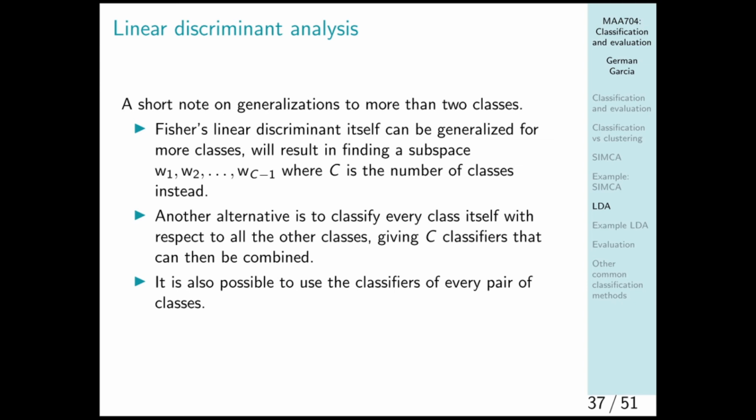Now this is costly, but it's easy. It's a really nice approach to the concept of separating n classes. Additionally, you can use the classifiers of every single pair, which will be more precise probably.